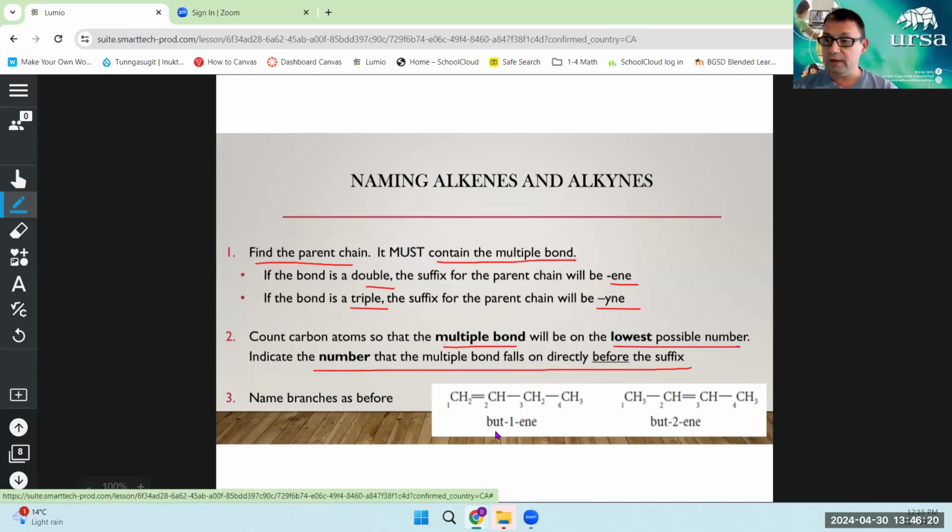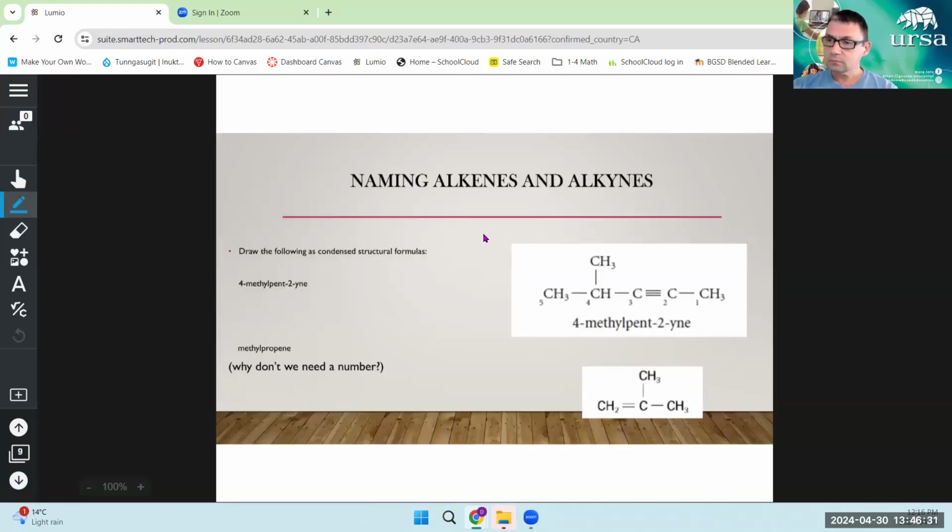For example, but-1-ene, but-2-ene. In both cases, the multiple bond starts at carbon 1 versus carbon 2. This one here, a triple bond, same thing. Longest continuous chain that contains the multiple bond, in this case, is a 5-carbon chain. You number the carbons so that the lowest number is attached to the beginning of the multiple bond.